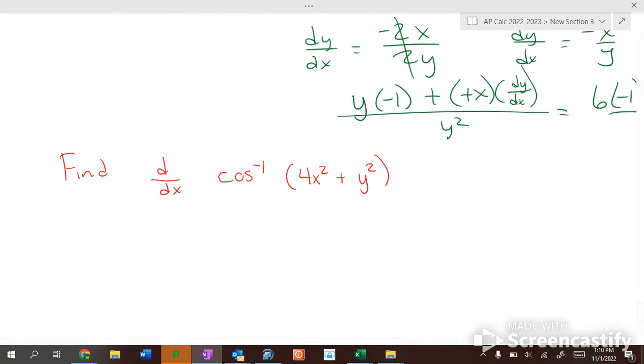First derivative of the inverse cosine of 4x squared plus y squared.